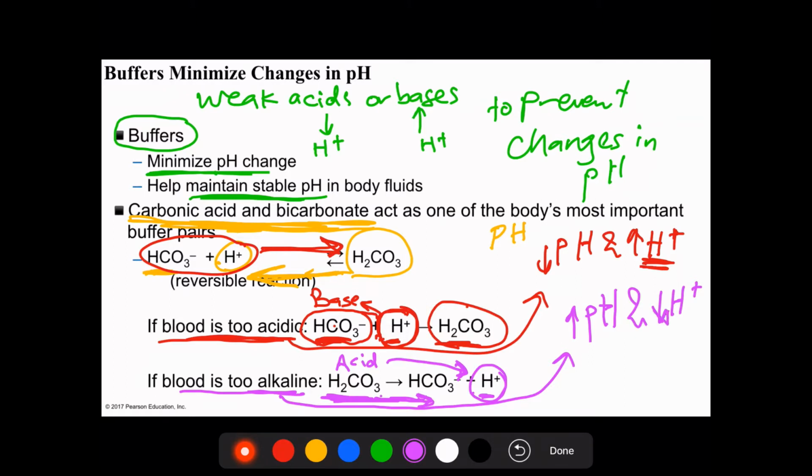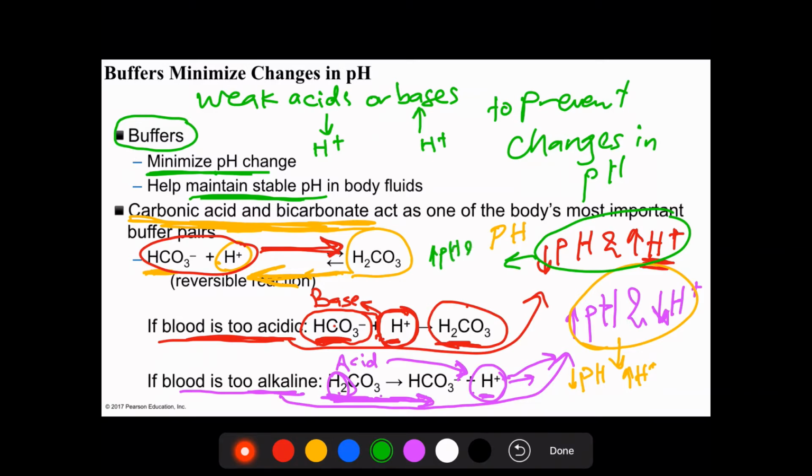So we need to put some hydrogen ions into the solution by taking them from the carbonic acid. So eventually, the pH would drop and the hydrogen concentration would increase in this case. And here, eventually, we will have increased pH and less hydrogen ions. Again, in both cases, to bring the pH back to around 7.